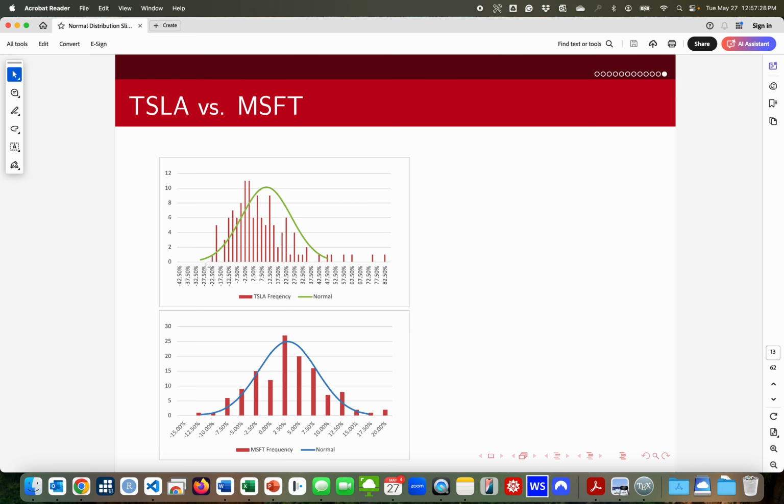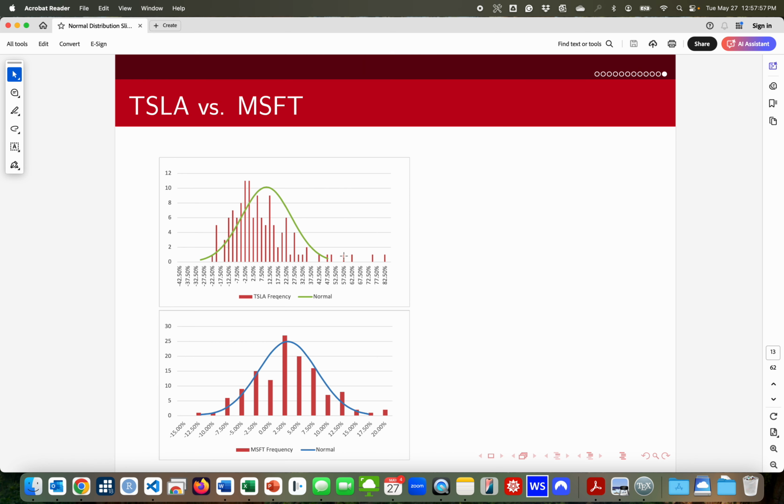And we can see that it doesn't perfectly, it's never going to be perfect, but it doesn't really do a great job describing Tesla. With Microsoft, a lot of the values that we observe seem to fall pretty close to that underlying normal distribution. So making inference about Tesla using the normal distribution may not be as accurate as the inference that you would make about Microsoft using the normal distribution.